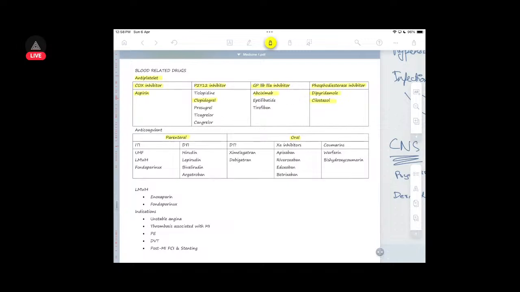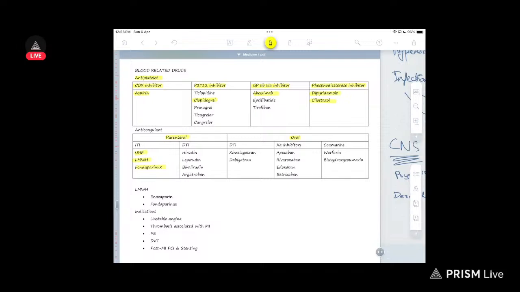Parenteral anticoagulants: fondaparinux, low molecular weight heparin, and unfractionated heparin.